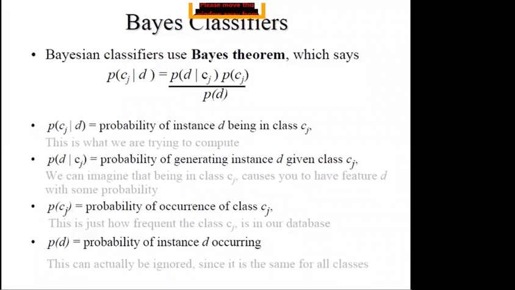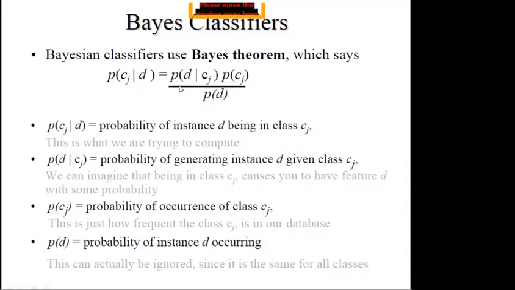Cj can be C1, C2, C3; there may be 4 or 5 classes, or 2 classes. That is what we are trying to find out here using Bayes theorem: the probability of this instance being in this class.